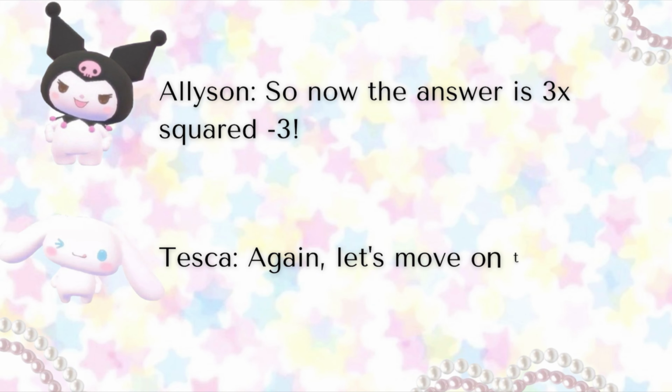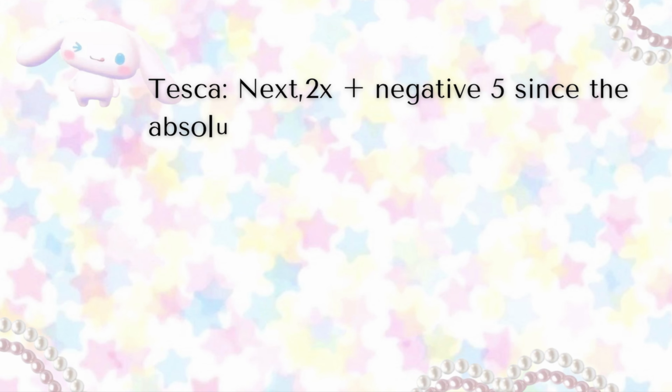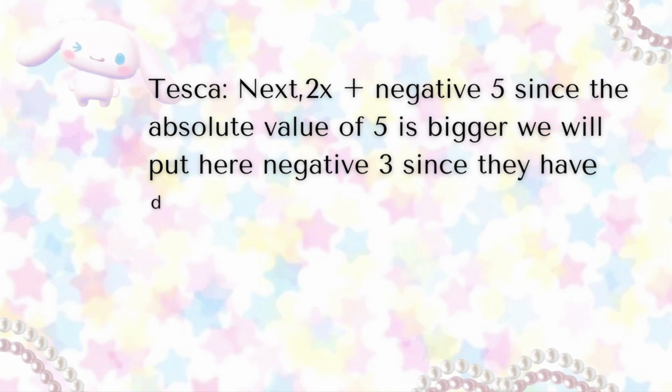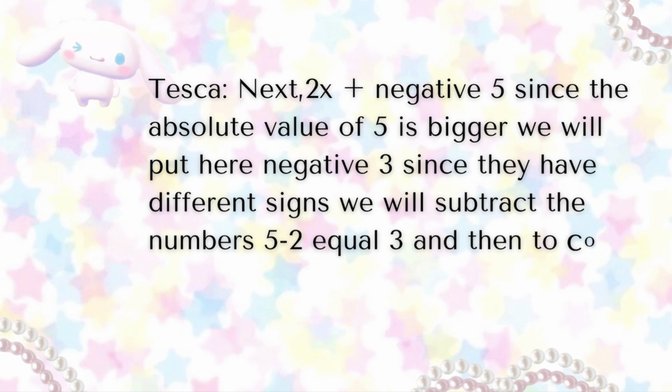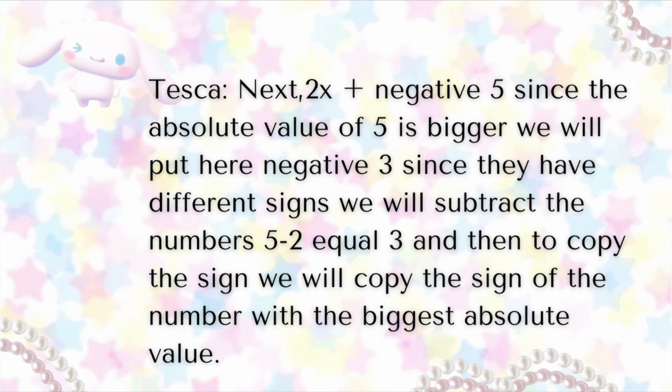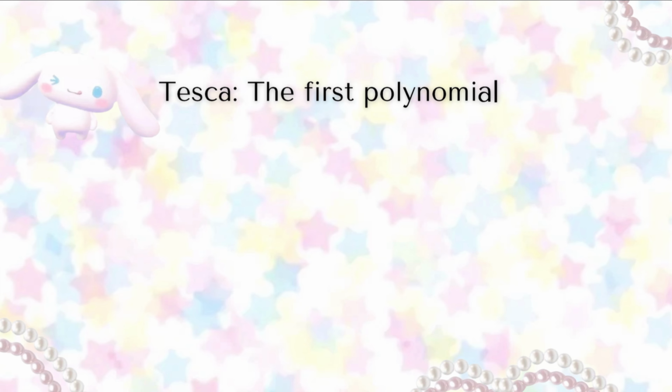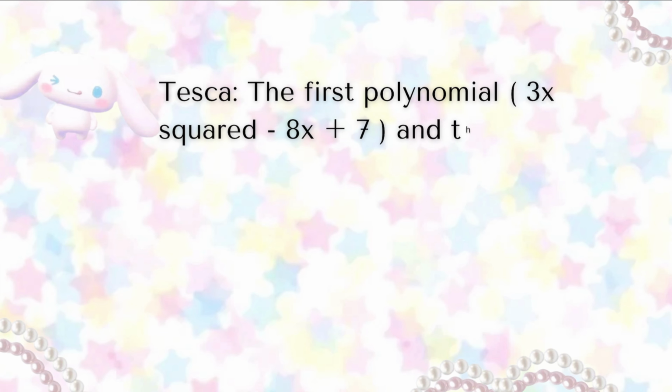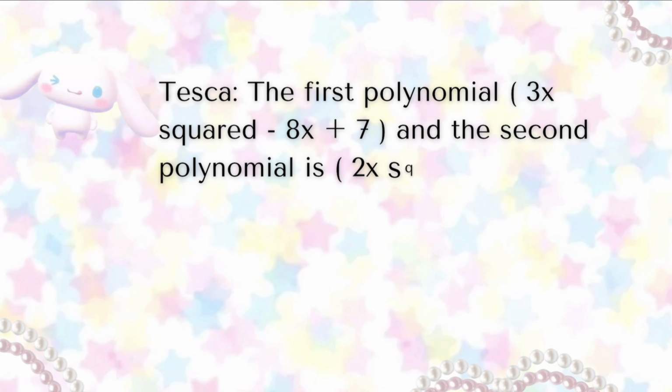Again, let's move on to number 3. The first polynomial is 3x² − 8x + 7, and the second polynomial is 2x² − 6x + 2.